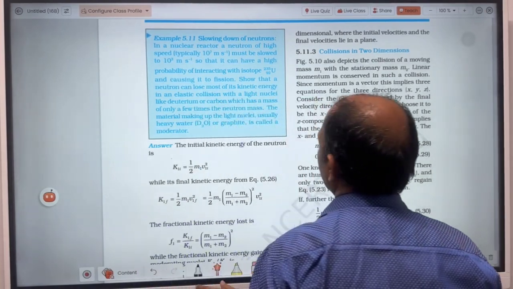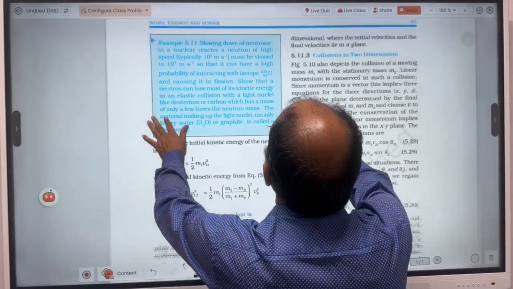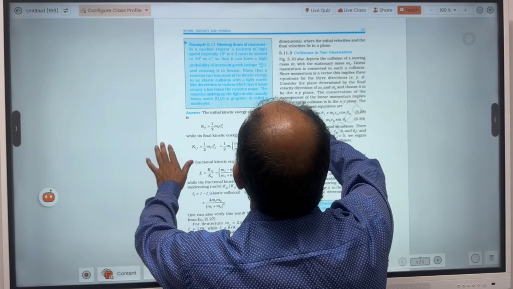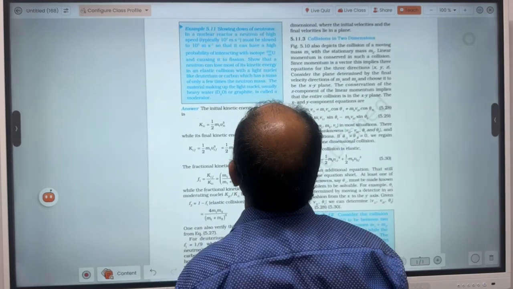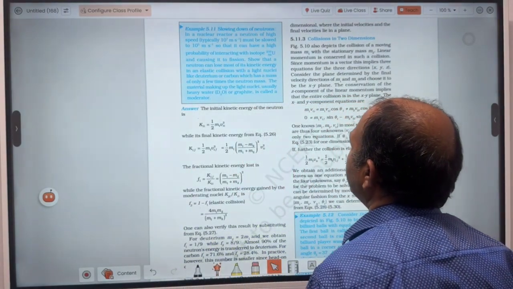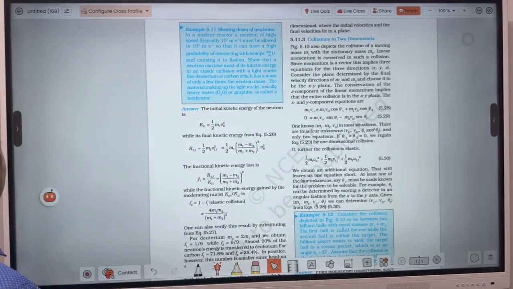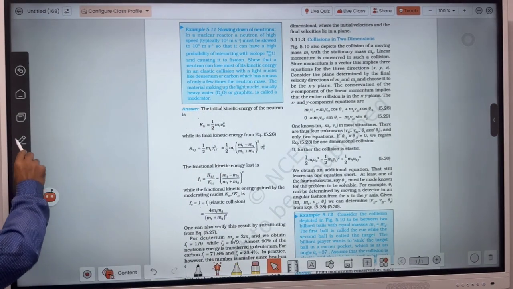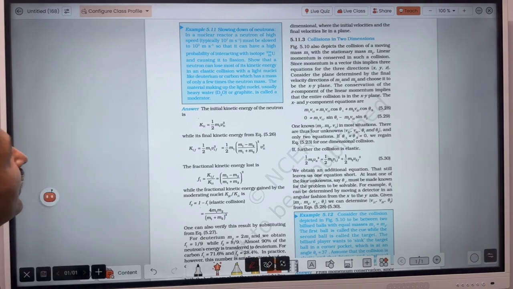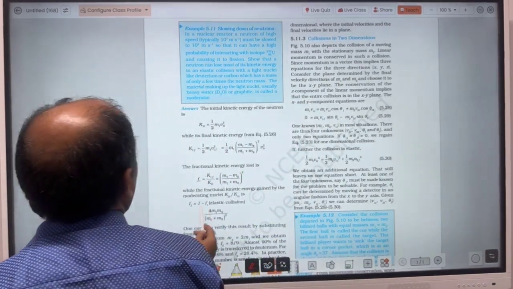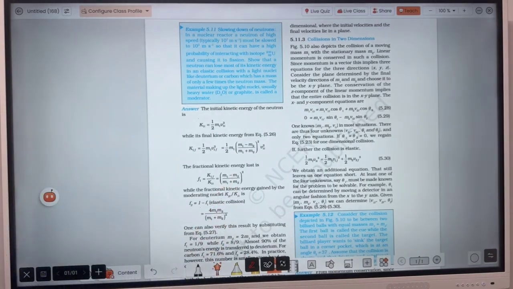I think you have understood the question. So we are going to see what energy the neutron possesses, and when it collides with some other nucleus, what energy it has. As we have seen in the derivation of inelastic collision, the final kinetic energy is less than the initial kinetic energy.